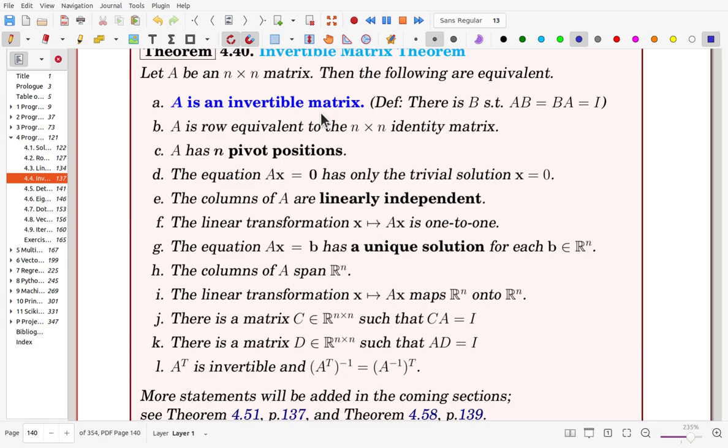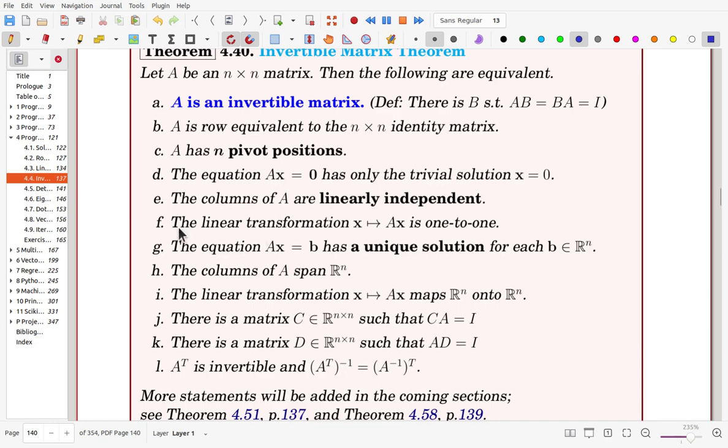If A is an invertible matrix, then A is row equivalent to the n by n identity matrix. We considered it earlier, and that is also the same as A having n pivot positions, so that the homogeneous equation should have only the trivial solution, and the columns of A must be linearly independent.